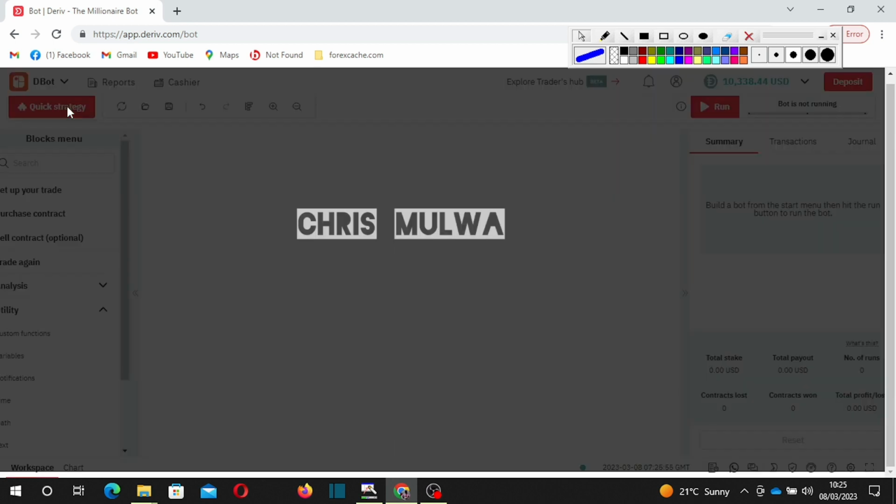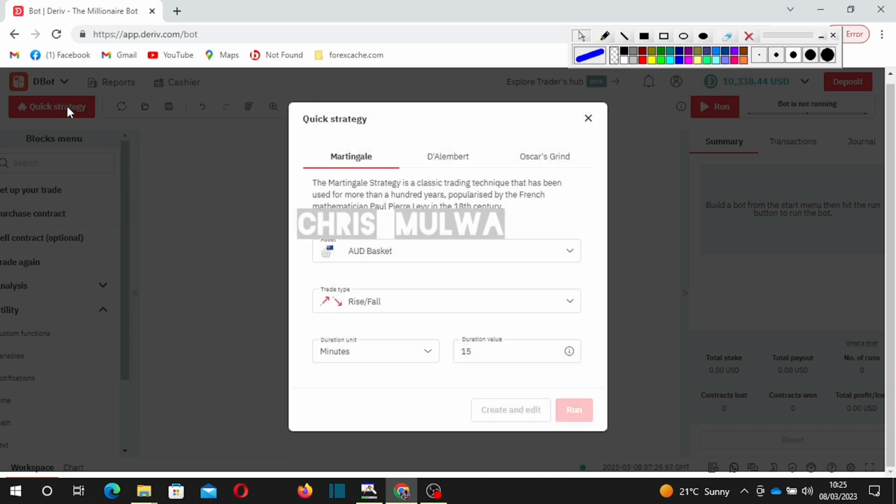Is it using the Martingale? Is it using the D'Alembert? Is it using the Oscar's Grind or what? Most of the DBots use Martingale. So you can see the explanation of this Martingale.